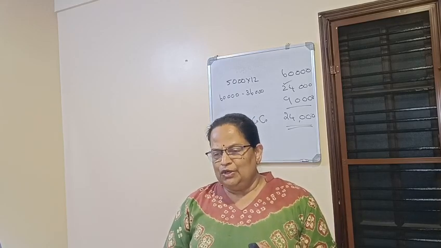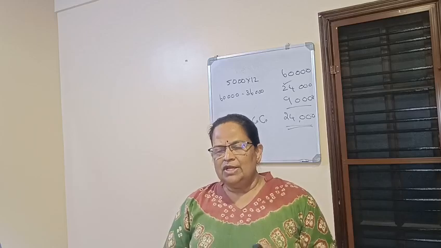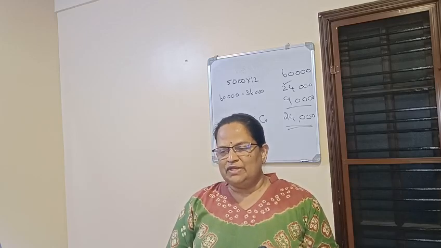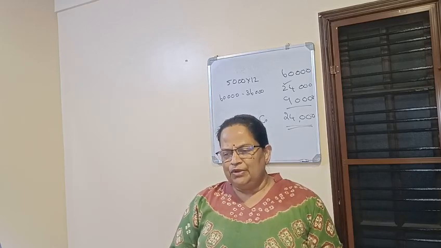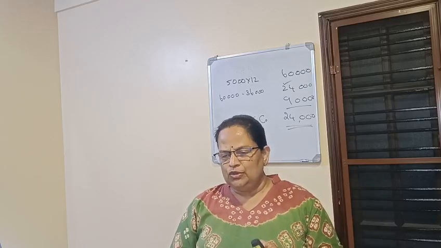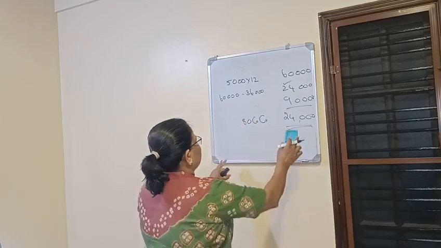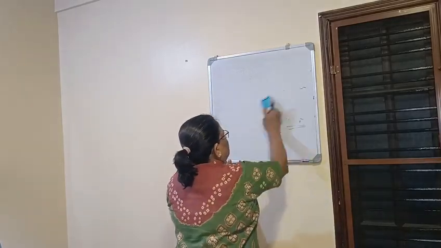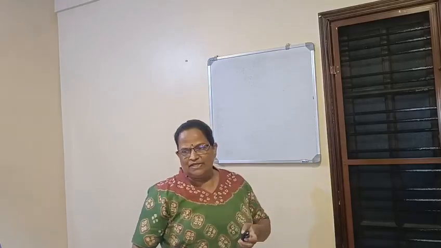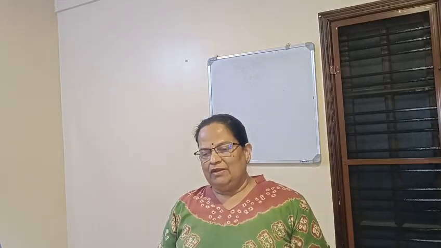Now one more problem we will do. Mr. R, living in Bangalore, submits the following details for the previous year 24-25. Compute his taxable income under the old and new tax schemes for the assessment year 25-26. Professional gain 5 lakhs.